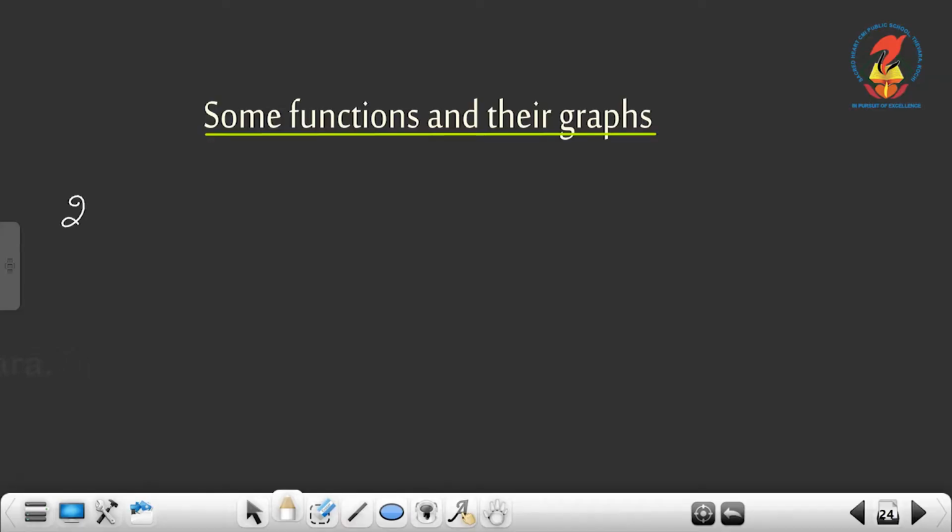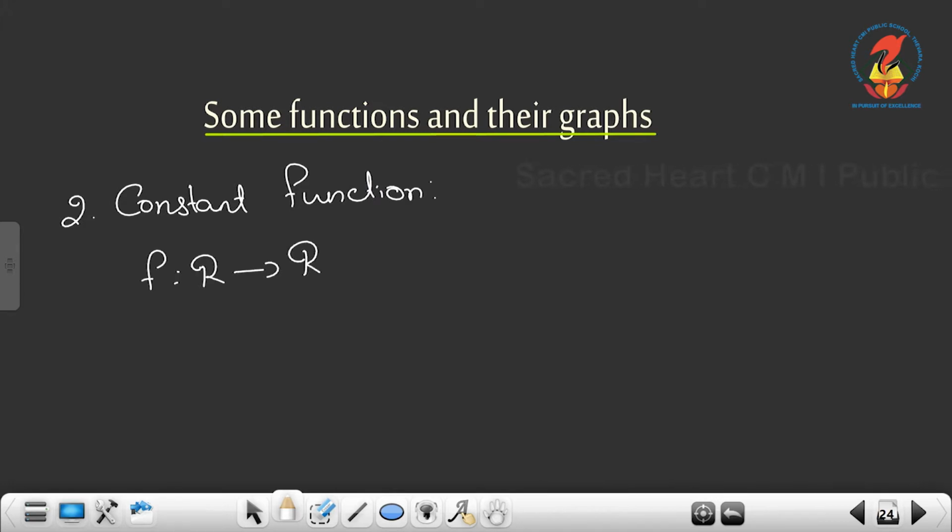Second function is the constant function. So a function f from R to R is said to be a constant function if f of x is equal to c.